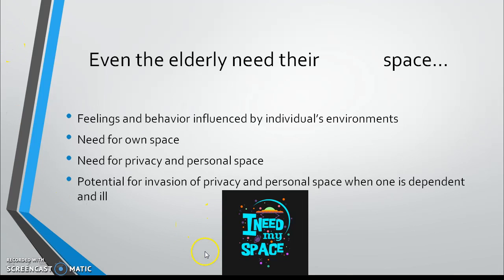As you look at here, even the elderly need their space. I need my space. Respect them. When I was speaking earlier about remembering safety and communication, add on privacy, because privacy and personal space may be the only thing or one of the few things that the older adult can exercise control over.